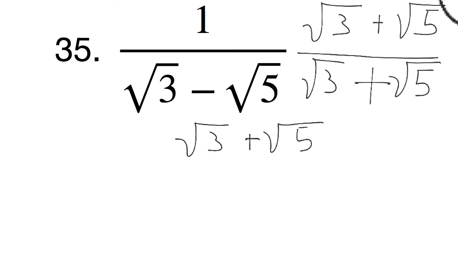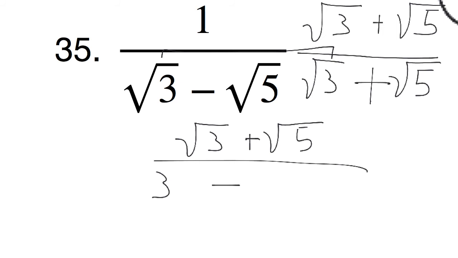Now the whole reason we chose conjugate pairs is because you get first, square root of 3 times square root of 3 is 3. You get outside and inside cancel, square root of 15 and positive square root of 15 cancel, and then you get, oh, well, I should just write it out.